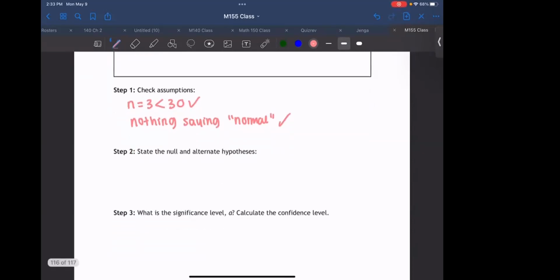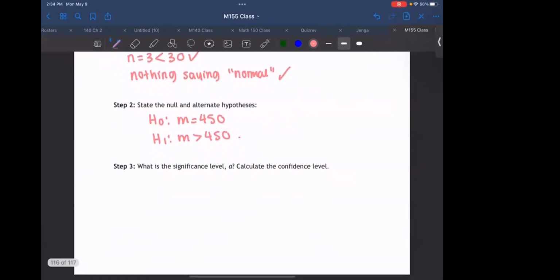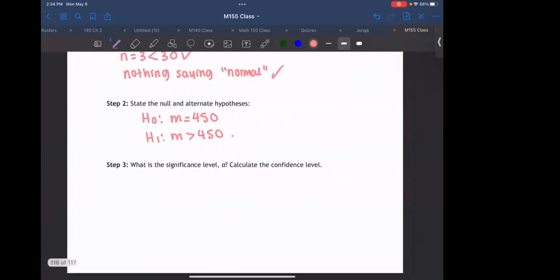Okay, null and alternate hypotheses, we kind of already wrote them up on the board. Let's just pretend that Alexis said we thought the median was 450. And well, I said, no, I think it might be a little bit bigger than 450. Okay. Step 3, finding the significance level. Significance level was 0.05.